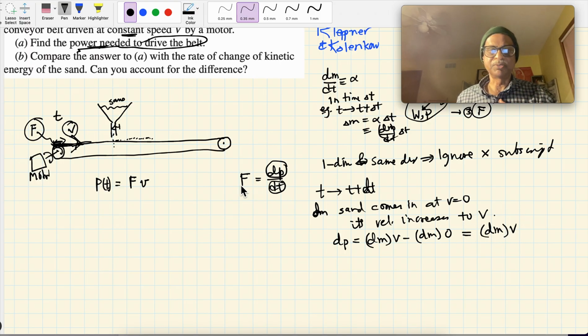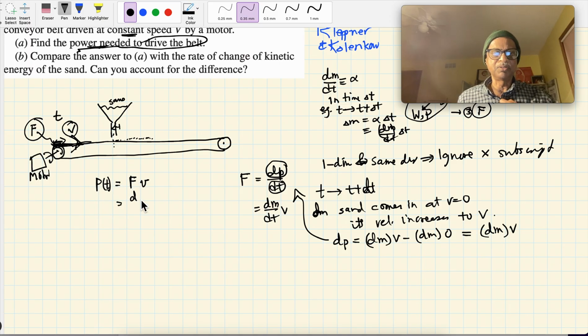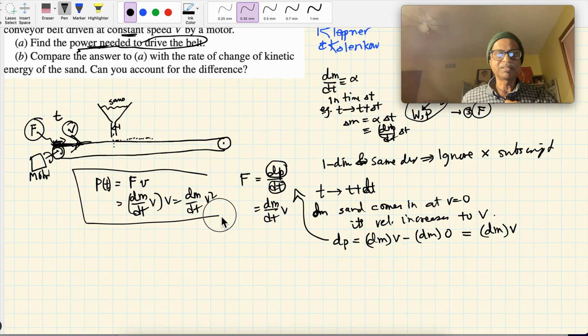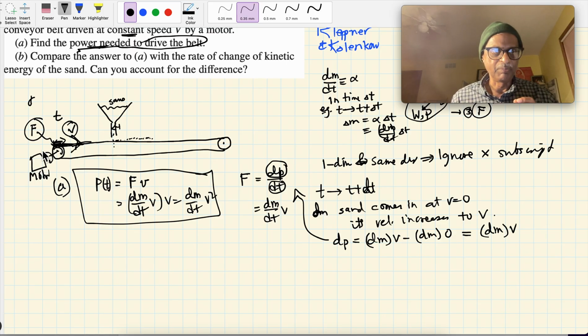V is constant, so if I put this in here, the force turns out to be dm over dt times v. So now I can put over here, dm over dt v times v is dm over dt v squared. So that's A. That's the argument for A. The belt must be, it's the motor that's moving the belt.